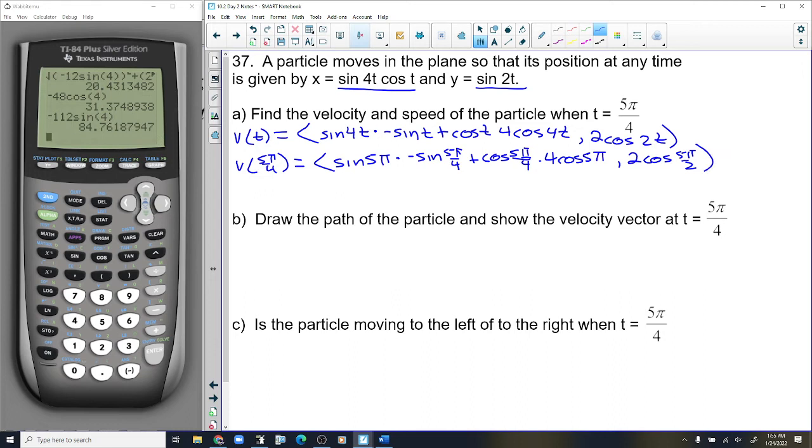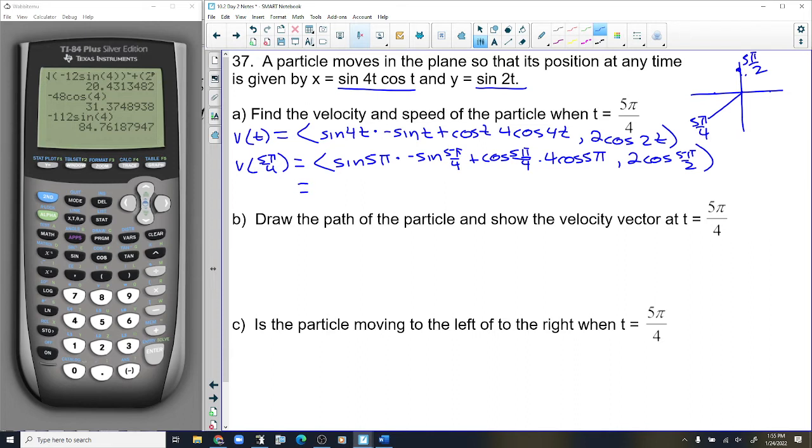It's a mile long. But we kind of have to know where this is. Here's 5 pi over 4, and 1, 2, 3, 4, 5. Oh, I need 5 pi over 2. That's up here. Here's 5 pi over 2.